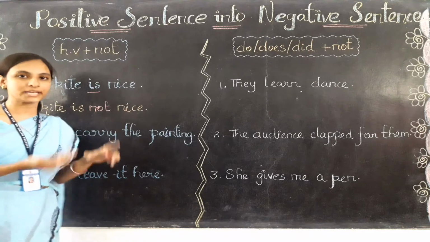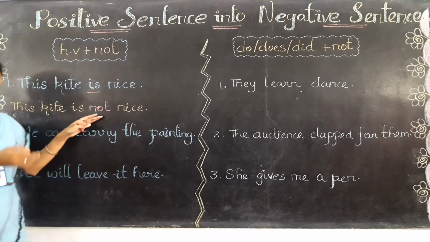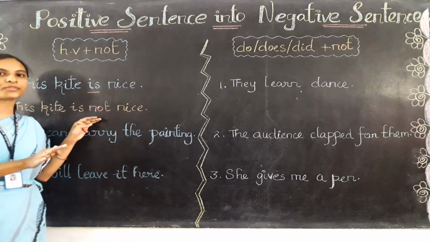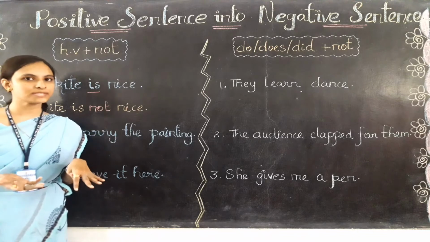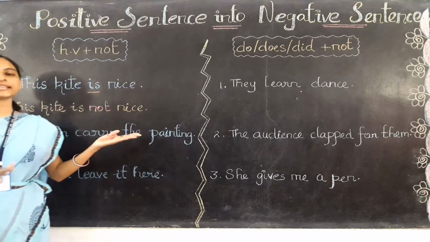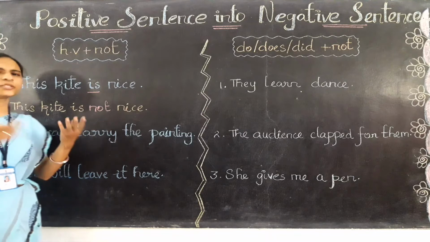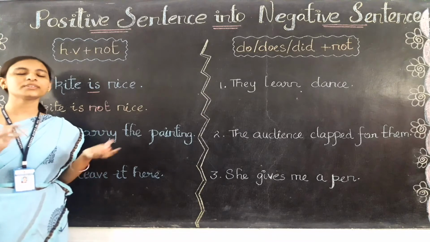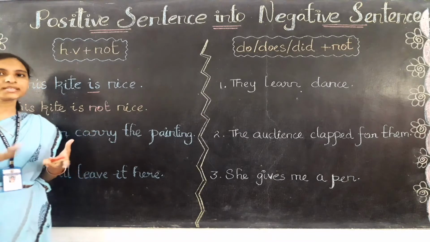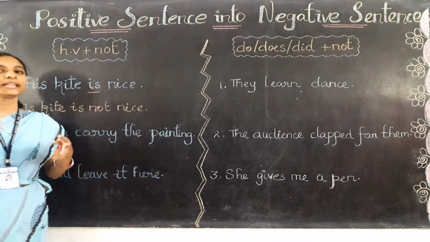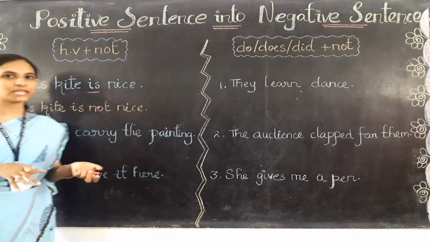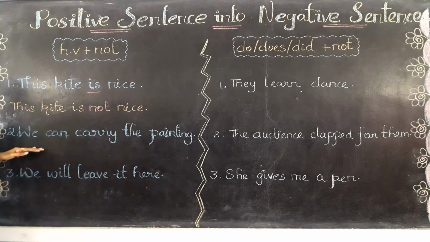It is a negative sentence. When I add not in a sentence, it refers to a negative sentence. This kite is nice, the kite is good. This kite is not nice, the kite is not good. When we make a sentence the opposite of the positive, that is called the negative sentence. Let's go for the second sentence.